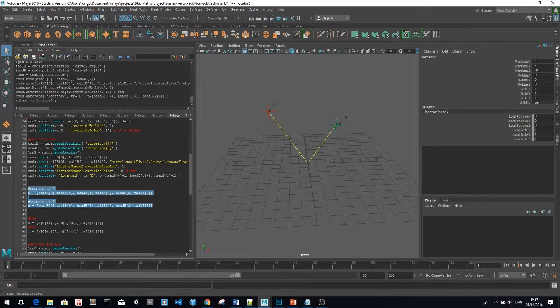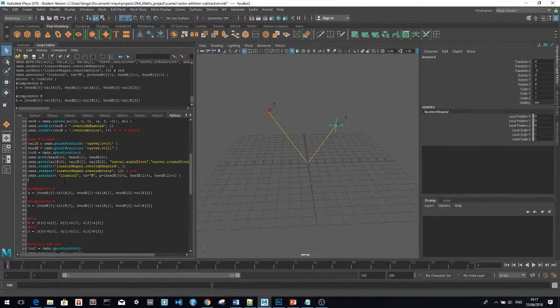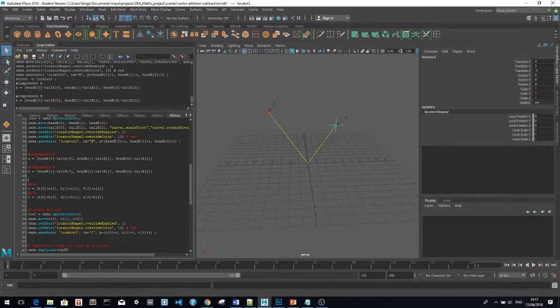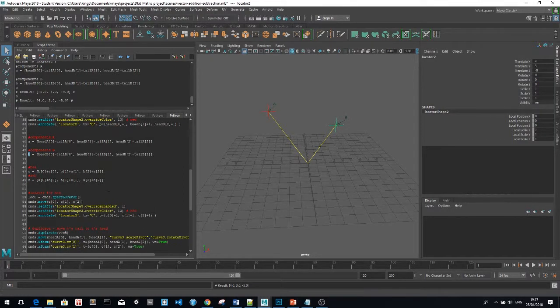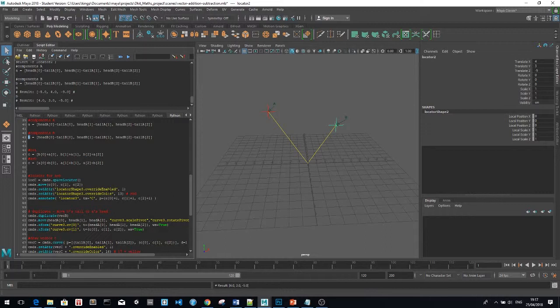The first thing we would need to do, in case they weren't position vectors, is get the components for each, and we do this by taking the tail from the head, which should give us back these results: -5, 4, -9 for A, and 4, 3, -5 for B.